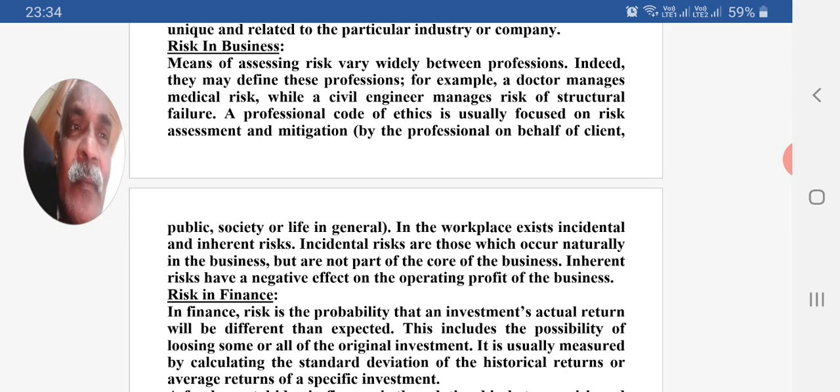In the workplace there exist incidental and inherent risks. Inherent risks have a negative effect on the operating profit of the business. But incidental risks are those which occur naturally in the business but are not part of the core of the business.